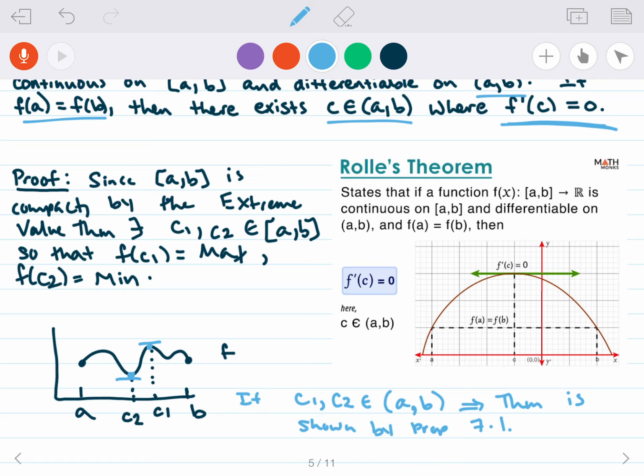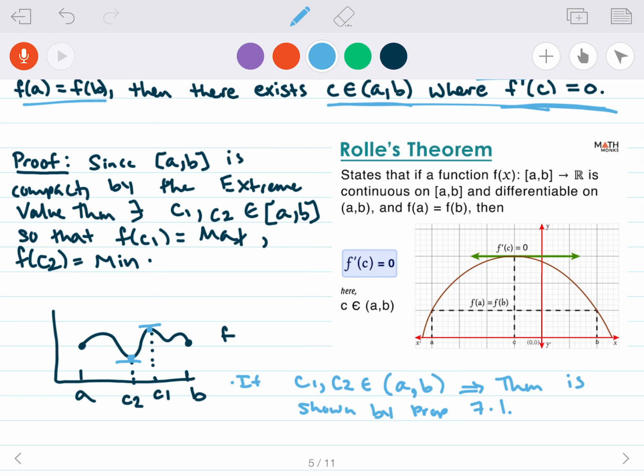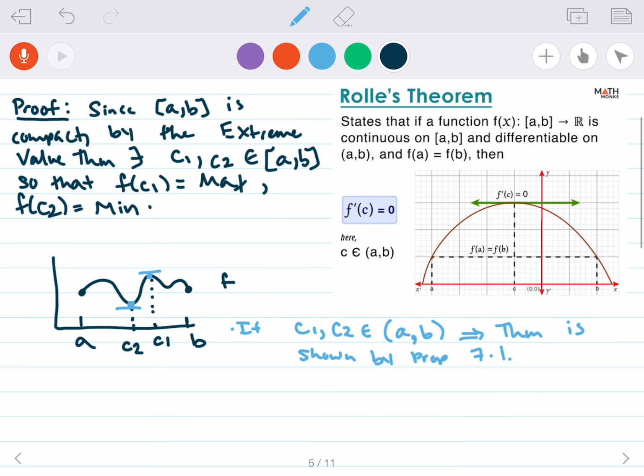Let's assume that they're not in the open interval, but that they are endpoints. That's the other case we're working with. So the first case is if one of them is in between A and B without equaling A or B, then the theorem is shown because of proposition 7.1. We know that the derivative at local maxes and mins is 0. But let's look at the case where they're endpoints.